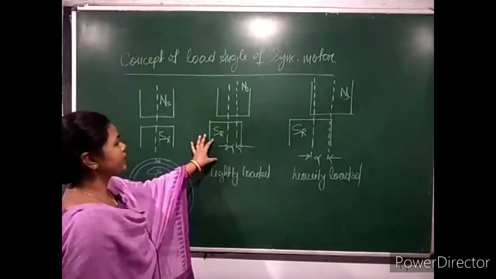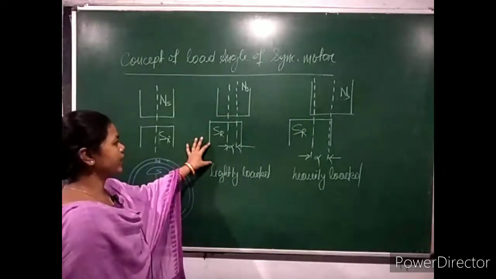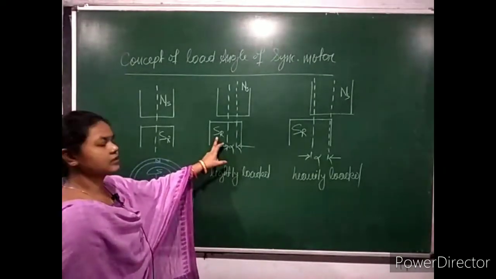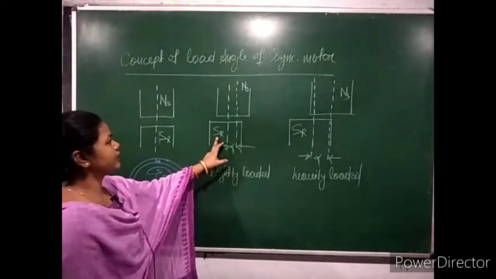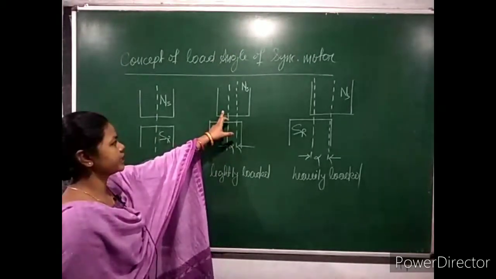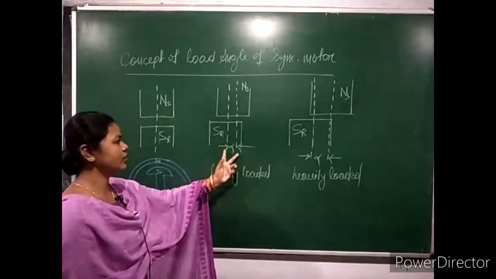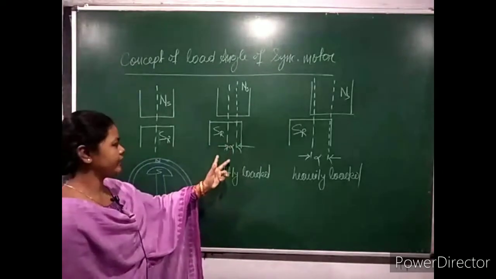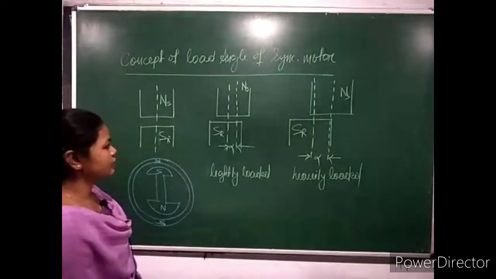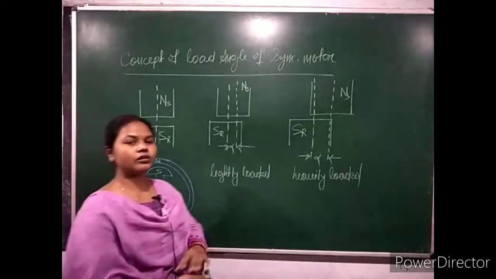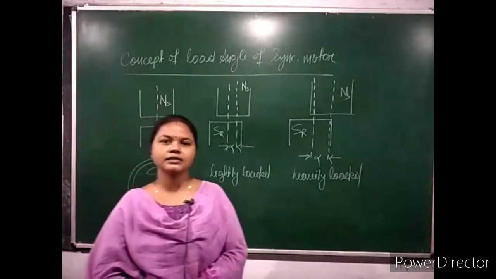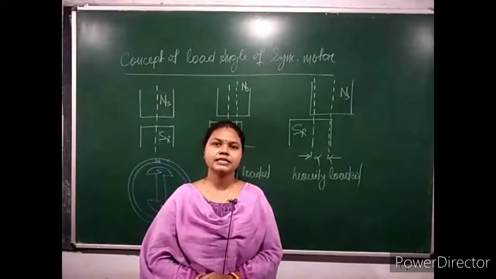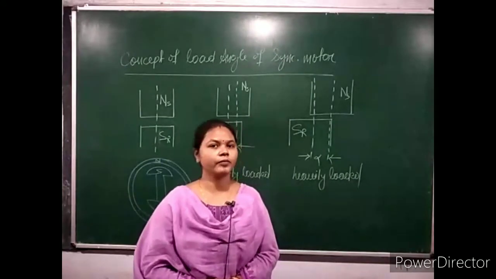Suppose the motor is lightly loaded. At that time, the pole of the rotor lags behind the pole of the stator by some angle alpha, called the load angle or torque angle. So alpha is also defined as the phase deviation between stator and rotor pole.